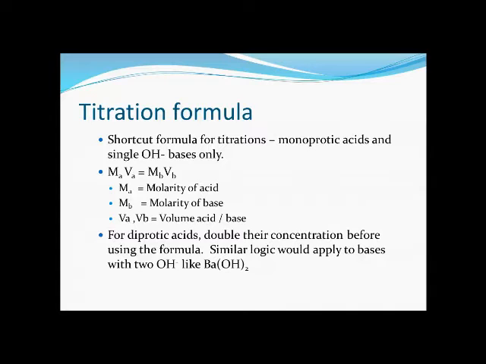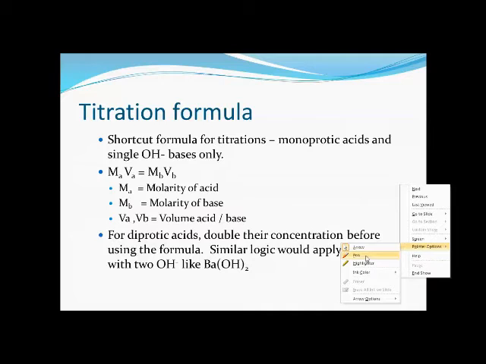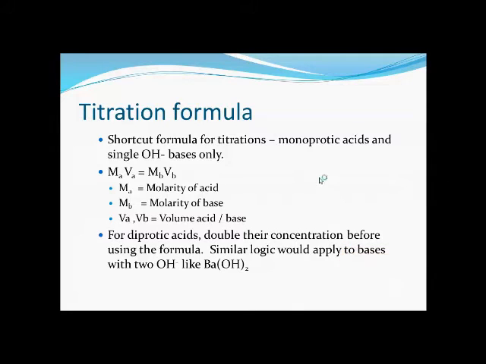Now, diprotic acids, an example of a diprotic acid would be H2SO4. So something like that, where we have two hydrogens. This is going to cause things to get a little bit trickier, where this formula is not going to be directly applied, or we can't apply it directly. We're going to have to do some stuff first.